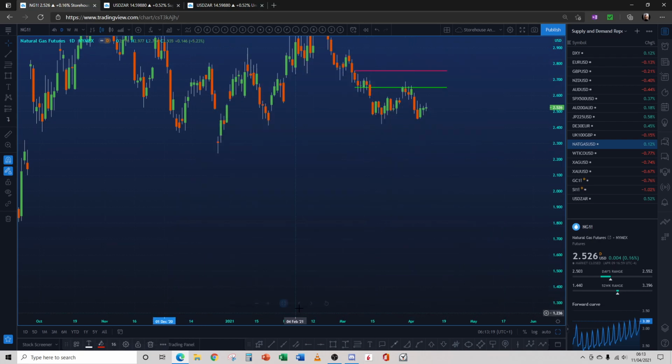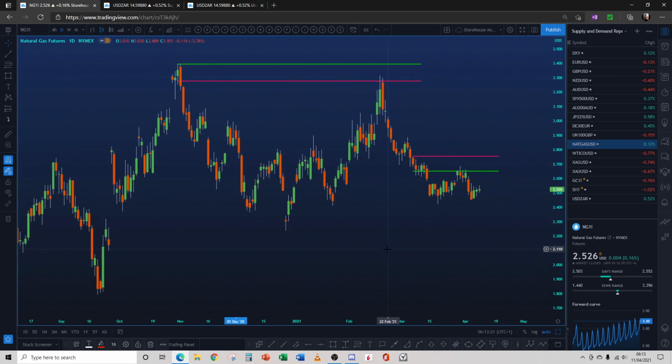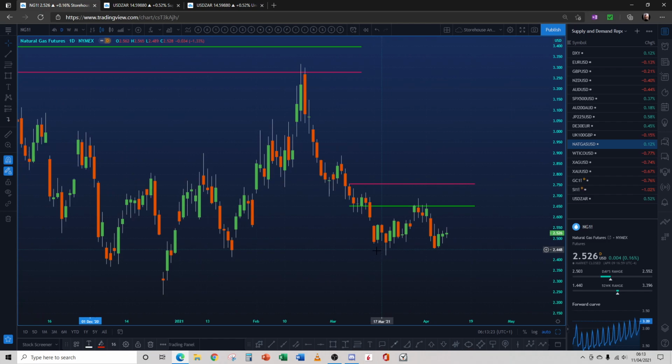Okay, so let's go back to that. How much time, how many candles, how many periods did price stay at a level before the move away, not including the move away, before the move away.